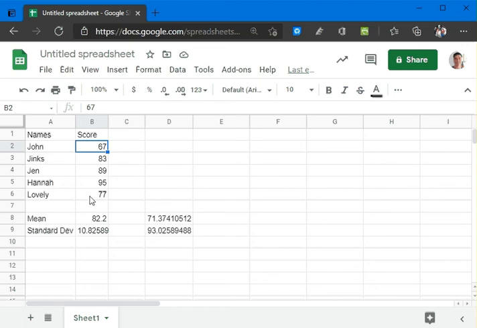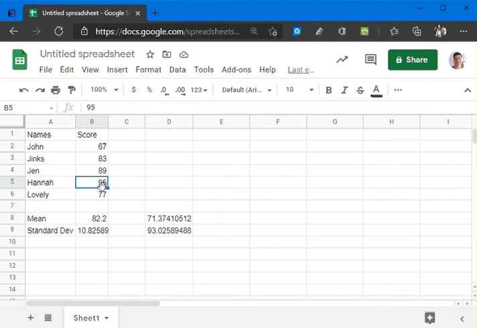So the score of Jinx, which is 83, is a normal score. Next is Jen, which is also a normal score, and Hannah, who has a score of 95, is above normal.